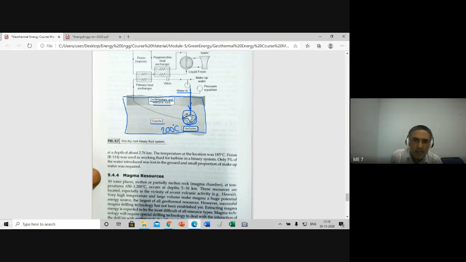This steam is taken by drilling to further application. It is passed in this circuit. This is significant.